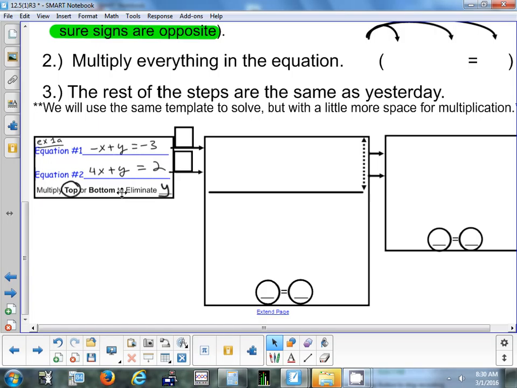What number, Samantha, am I multiplying by? -1. That's what I'm going to put in the box. Right? -1. Gabe, you know what I have to do now? So I've identified what variable I want to eliminate. I know I want to multiply by -1. What am I multiplying that -1 to, or with?